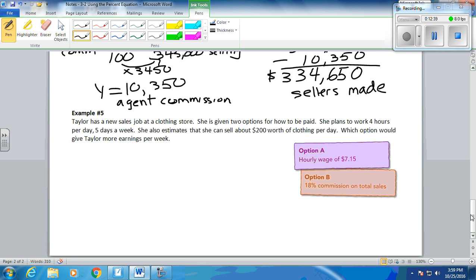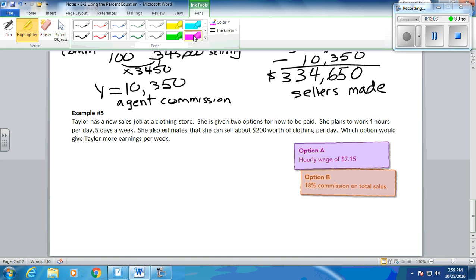So if we read through the 2 choices on the right, option A is an hourly wage of $7.15, and option B is a commission of 18% on the total sales. We now have to go back through the question and decide what information goes with option A and what information goes with option B. So I'm highlighting in purple the information that I think goes with option A because that box is in purple on the notes.